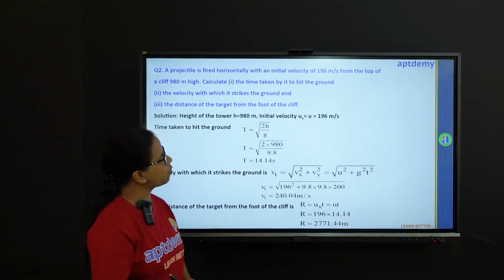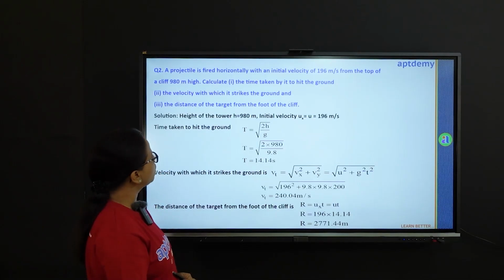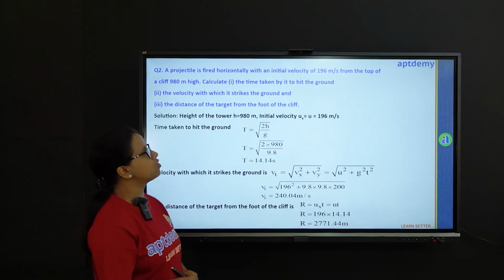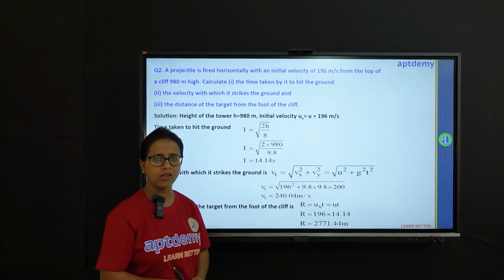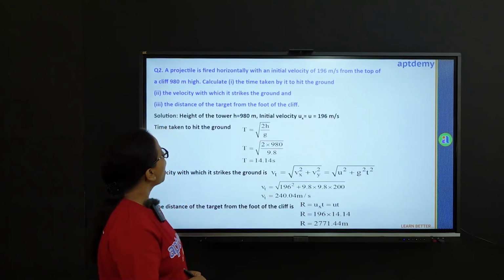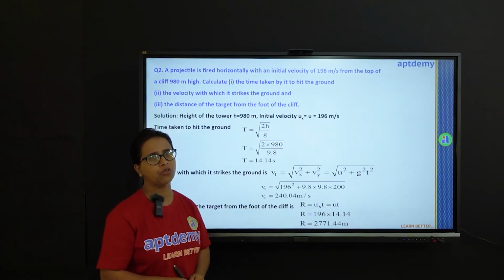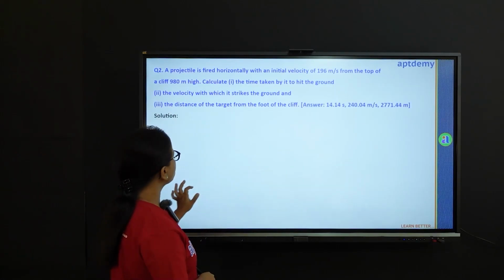So this is another problem on a horizontal projectile. The initial velocity has been given. We are to find out the time of flight, the velocity with which it strikes the ground, which means that we are to find out the resultant velocity at any time t, and the distance of the target from the foot of the cliff. This means that we are to find out the range of the projectile. So let us try and solve this problem.